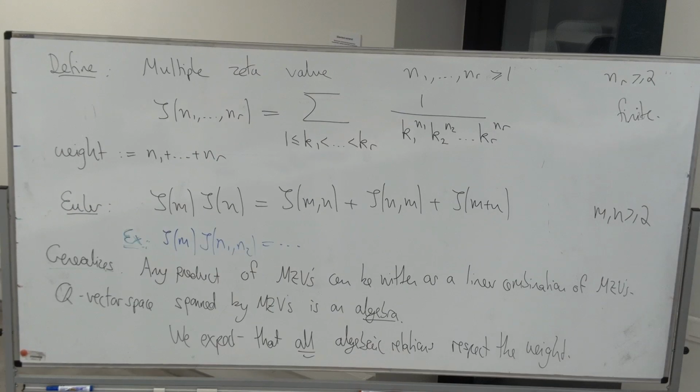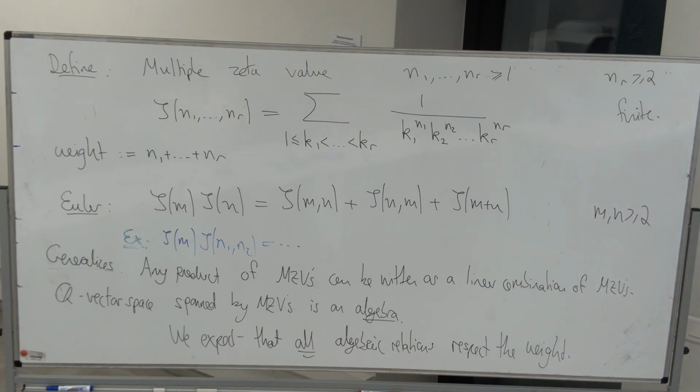I don't want to say too much about this, but already Euler proved lots and lots of other relations between these numbers. There's a vast number of relations. They're not all yet understood. It's an active area of research.